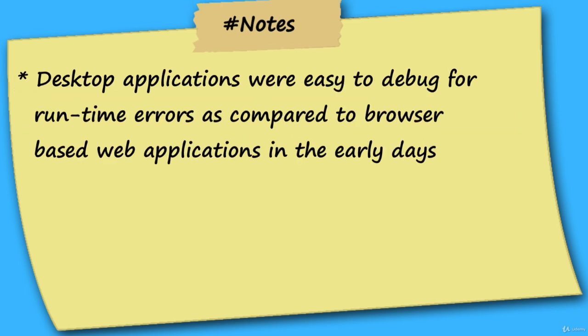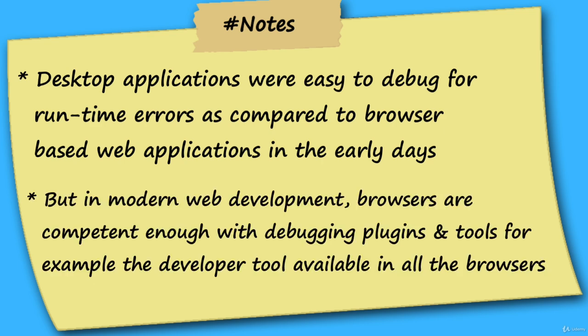Desktop applications were easy to debug for runtime errors as compared to browser-based web applications in the early days. But in modern web development, browsers are competent enough with debugging plugins and tools, for example, the developer tool available in all the browsers.